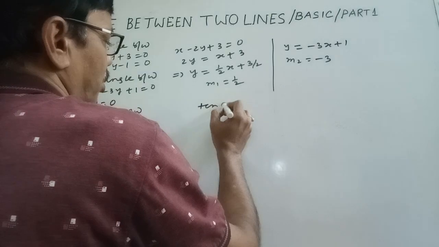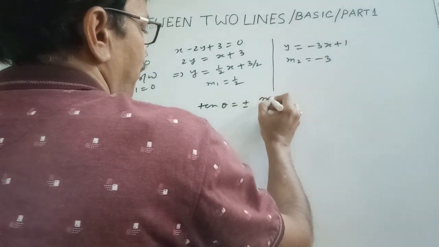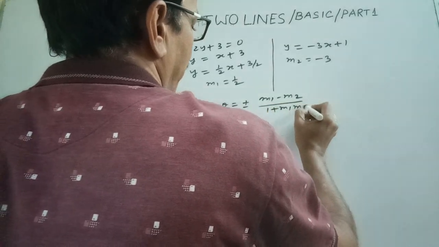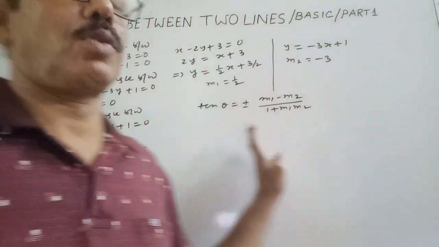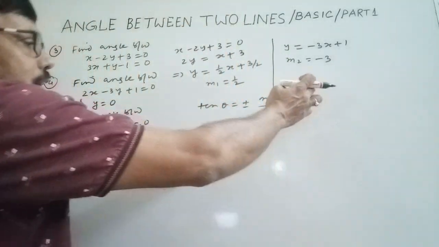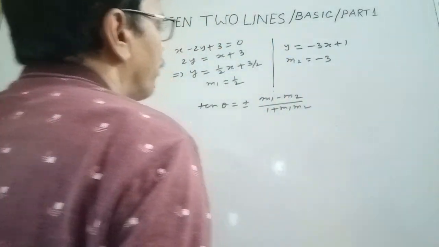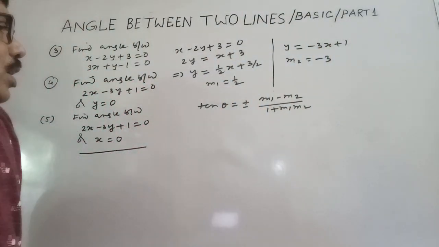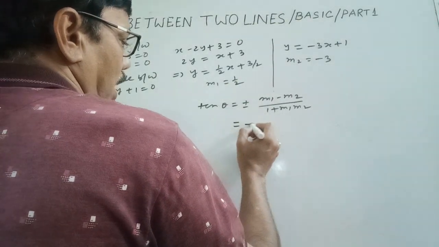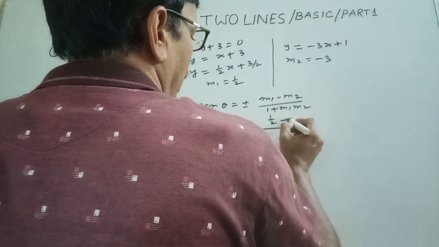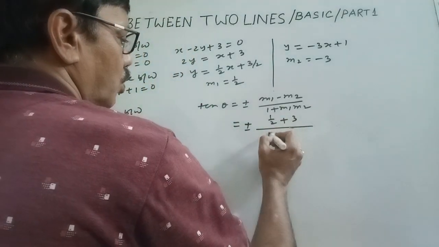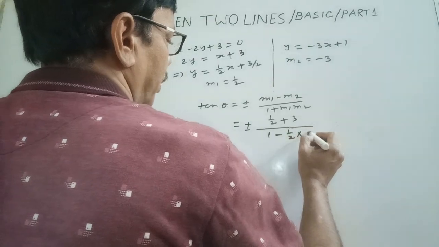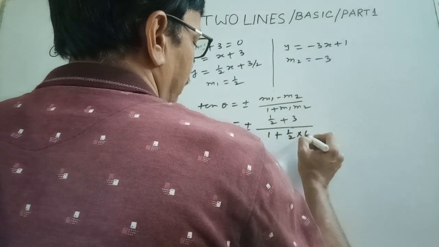So tan theta equals plus minus (m1 minus m2) by (1 plus m1 m2). This is the formula of tan theta. You can take m2 minus m1 also. Here m1 is positive, m2 is negative, that is why I am taking m1 first. So plus minus (half plus 3) by (1 plus half into minus 3).